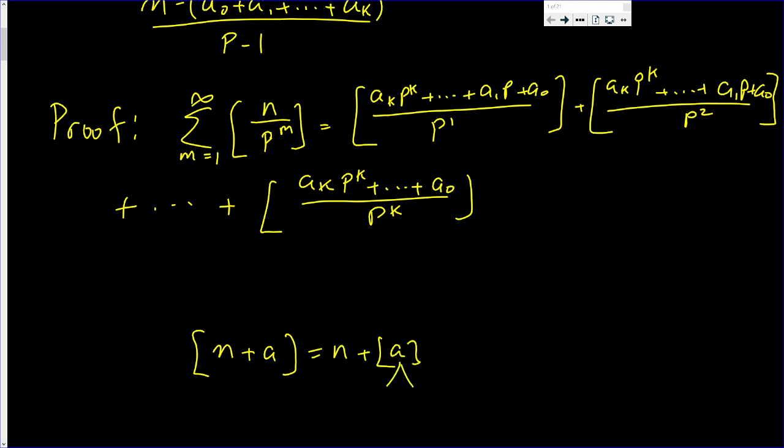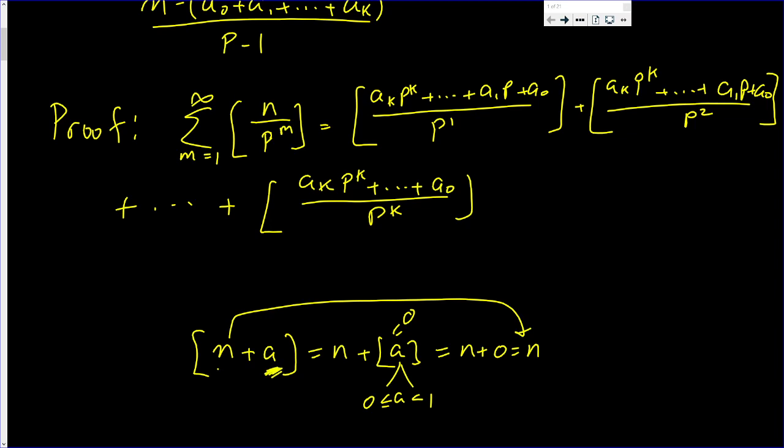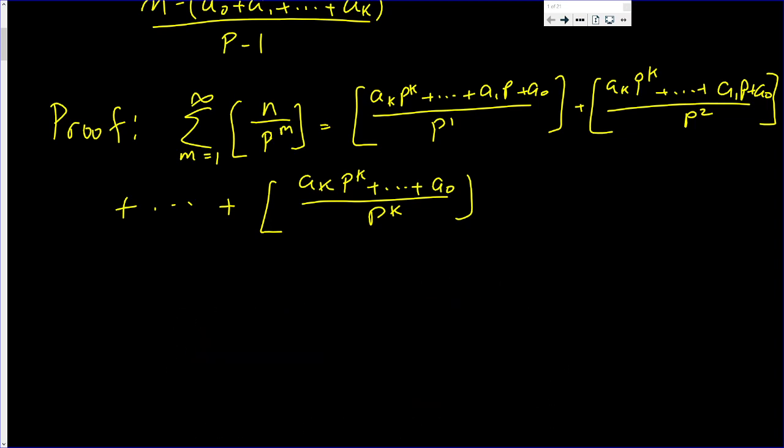Now, if it turns out that a is between 0 and 1, that's going to be 0. N plus 0 is n. That is, you just get the integer. If this is between 0 and 1, this sum will be n. And that's going to come up a lot.